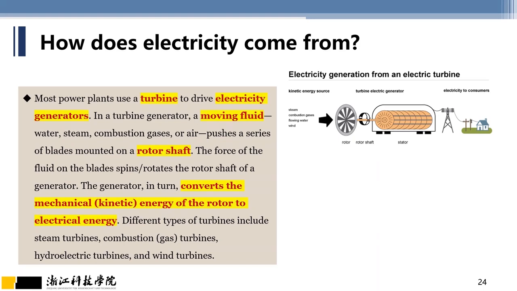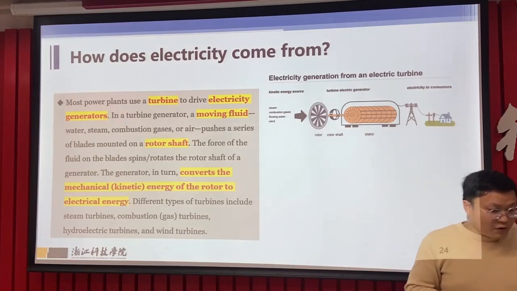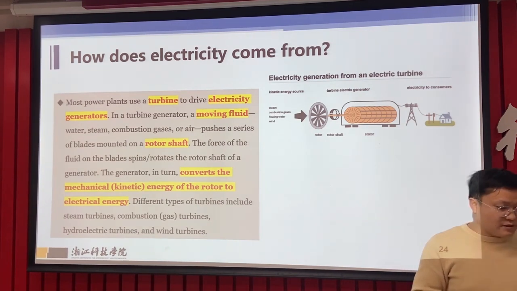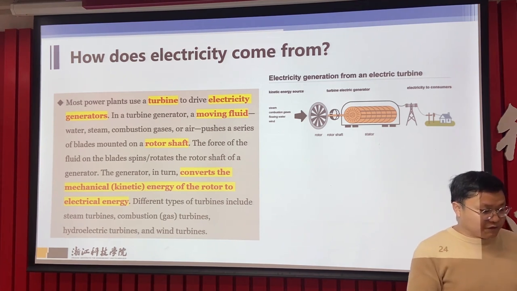Most power plants use a turbine to drive electricity generators. In a turbine generator, a moving fluid, for example water, steam, combustion gases or air, pushes a series of blades mounted on a rotor shaft. The force of the fluid on the blades rotates the rotor shaft of a generator.